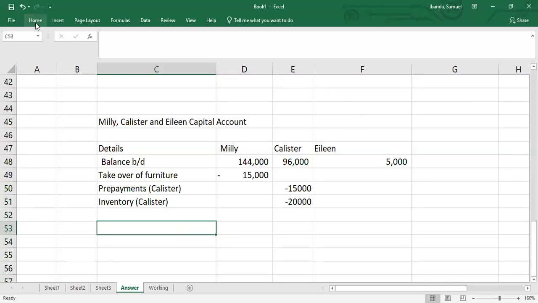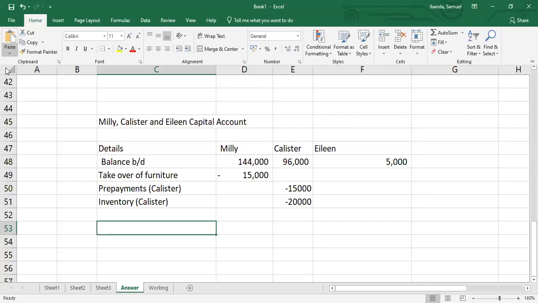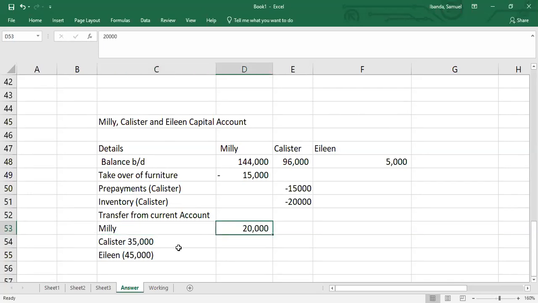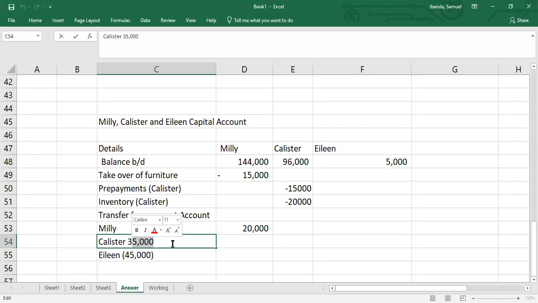So I'm going to call this transfer from current account. Now, as you can see, everything is now being handled from the capital account, sorry. So I'll include 20K under Millie. This is a columnar account, so whatever I'm putting as a positive, I'm crediting to my account.